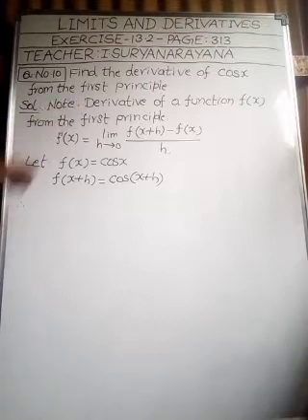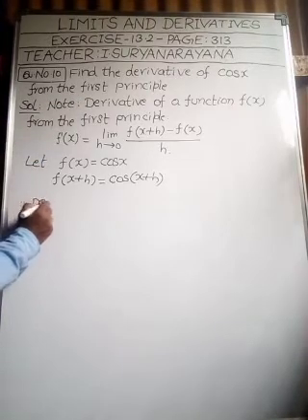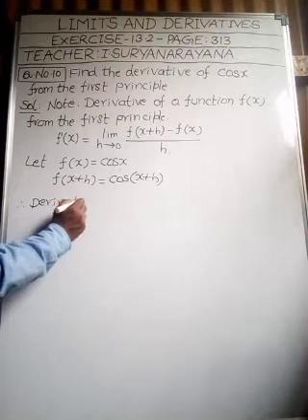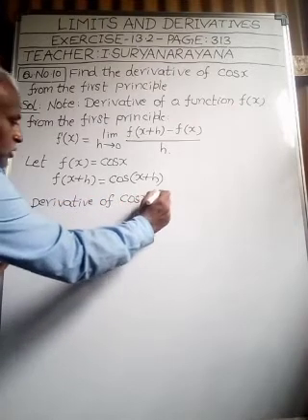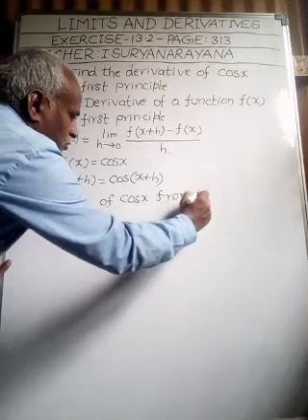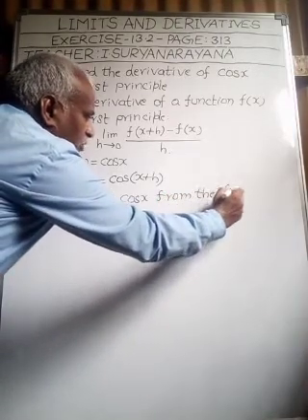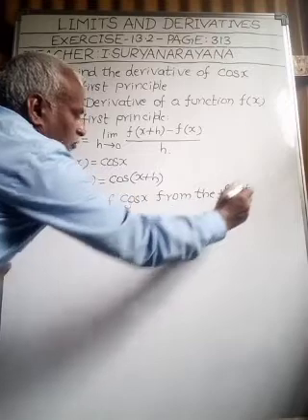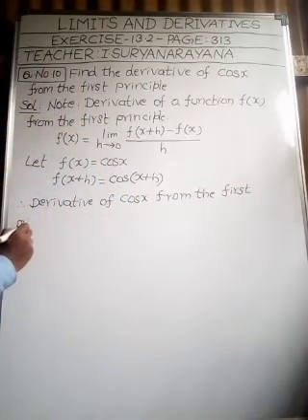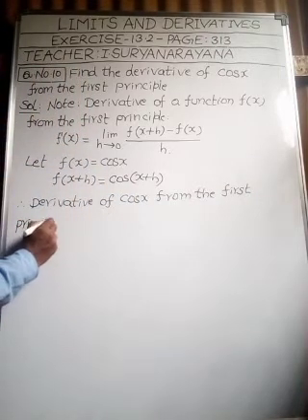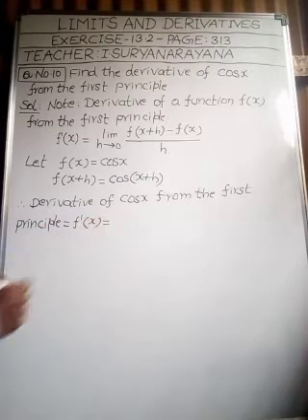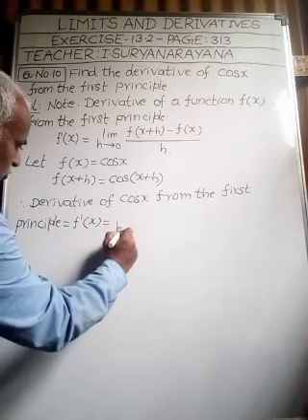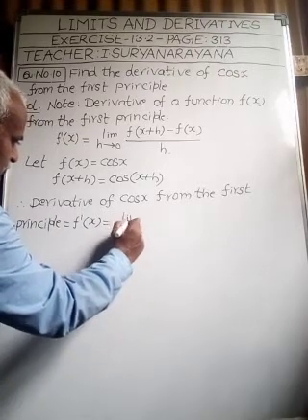Therefore, the derivative of cos x from the first principle, denoted by f dash of x, is equal to, as h tends to 0, the limit.